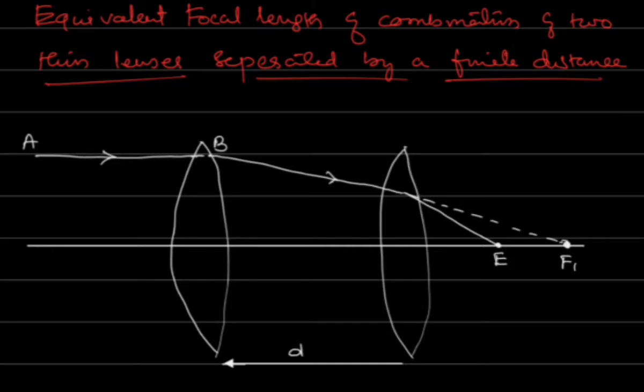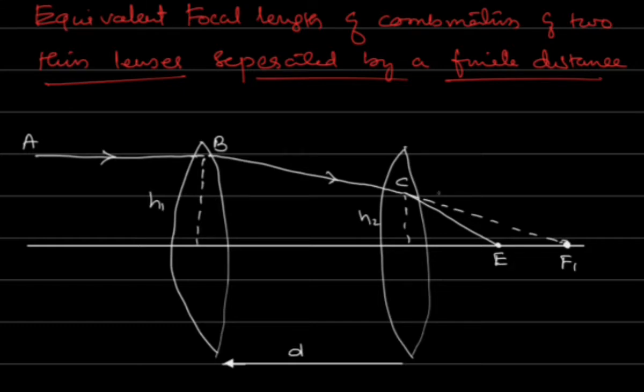B is a ray of light incident on the lens, and then next, C is the light incident on the second lens. Now the heights are h1 and here this is h2.